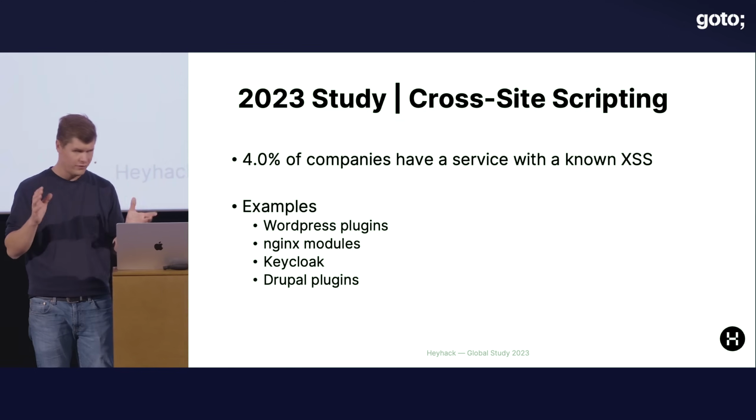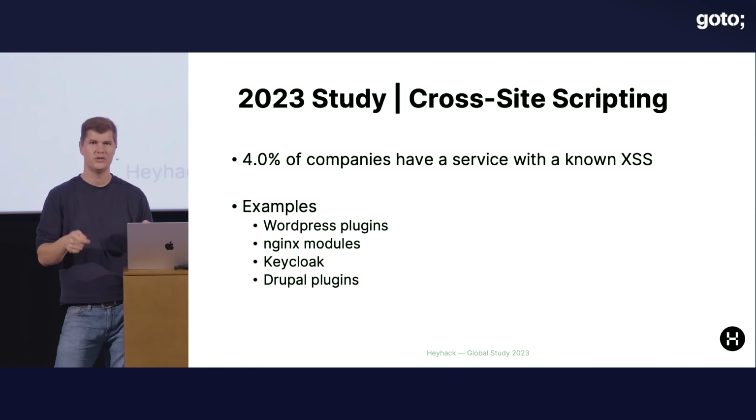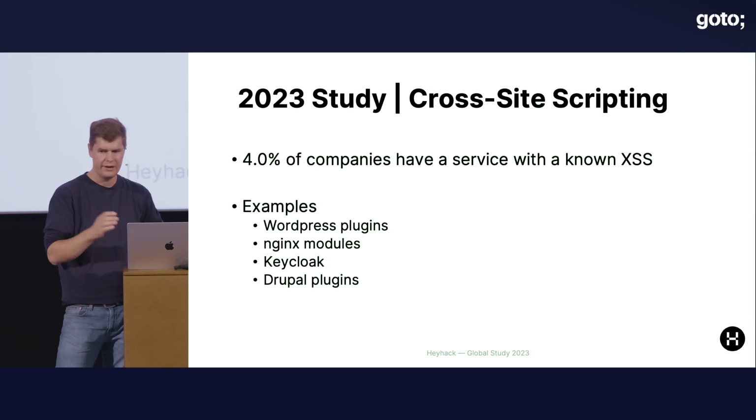The core, if you're not familiar with cross-site scripting, the fundamental issue is that you can execute JavaScript that you've created in another user's browser. So that's the idea of cross-site scripting. You might have a search field, for example, where the query that you type into this search field is going to be represented again on the search results page.